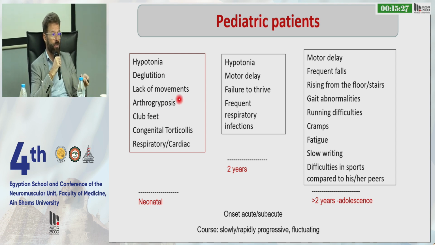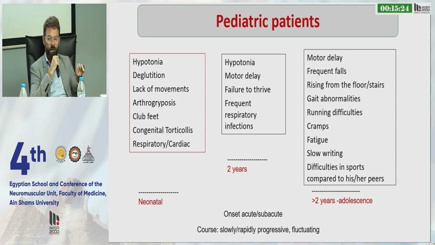There is arthrogryposis. Do you know what it means? Okay, when you have multiple contractures that appear at birth, that is an antenatal sign of reduced movement in utero. You can have malformations like club feet at birth, which can be associated with a myopathy, for example, or congenital torticollis, also associated with, for example, collagenopathy, and then, of course, respiratory and cardiac involvement.